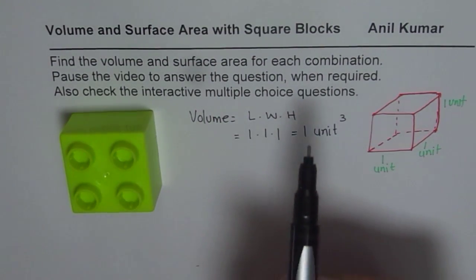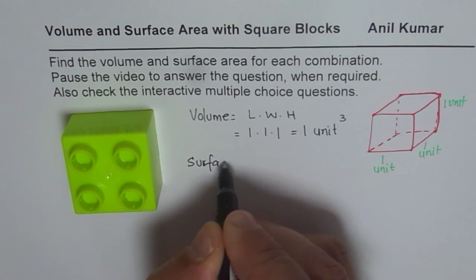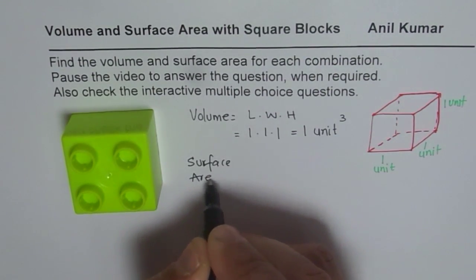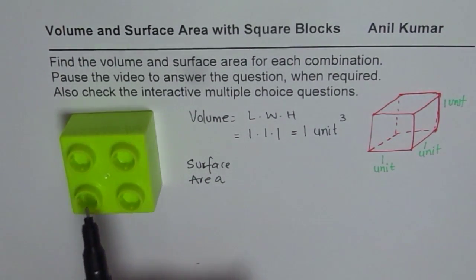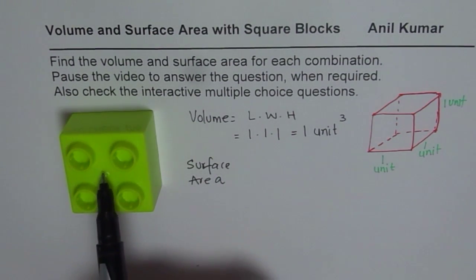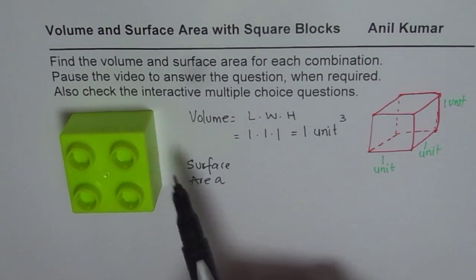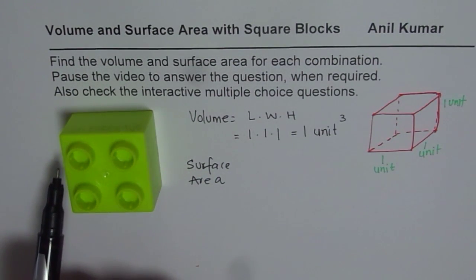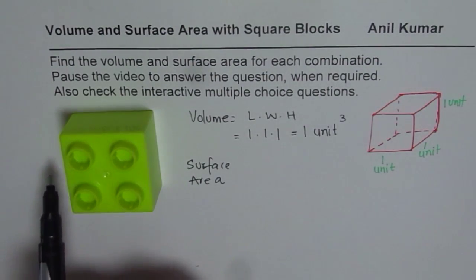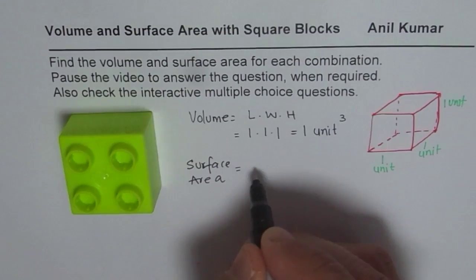The other thing which we're talking about is surface area, right? Now what is that? So surface area means, you see this block, it has 6 surfaces. One at the top, one at the bottom, one on the left side, the other one on the right side, and front and back. So we see 6 surfaces.